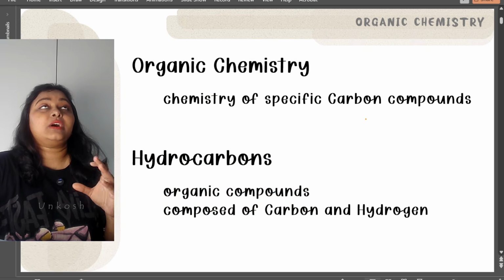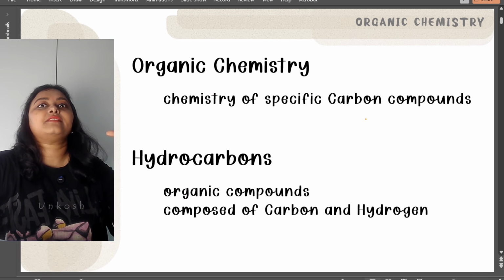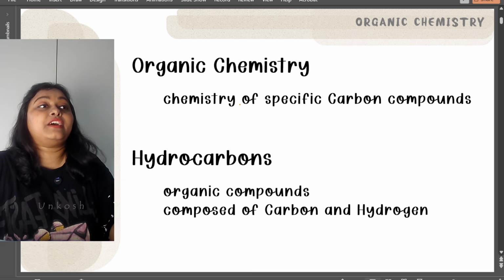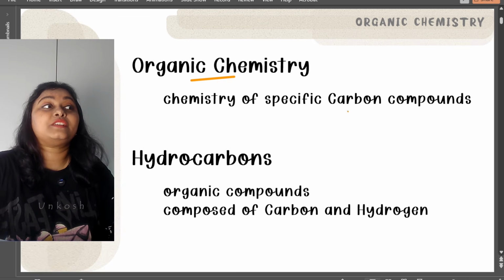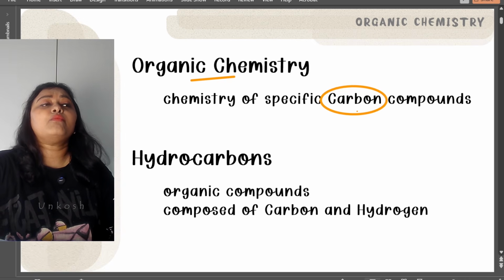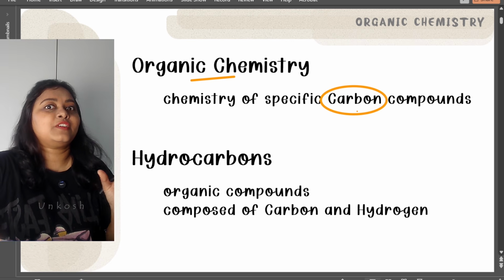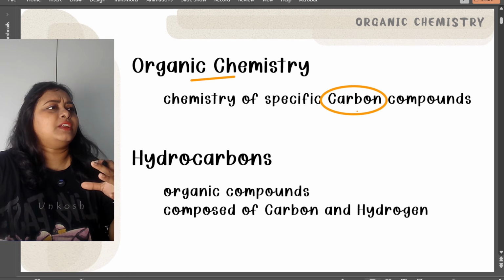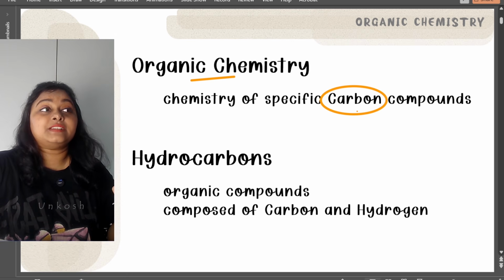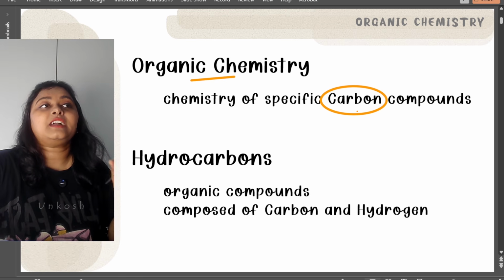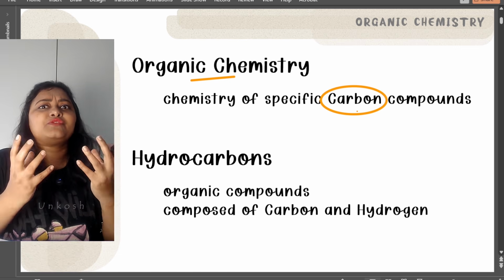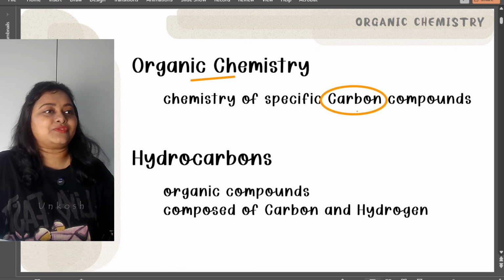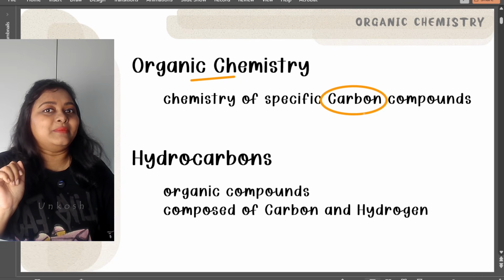Once we are clear about the topic of substances, now let us understand this separate branch of chemistry that we have defined as organic chemistry. It is the chemistry of specific carbon compounds. Most of the organic substances that we are going to talk about are going to be of carbon. So, we need to understand that specific carbon compounds create this unique group of chemistry called organic chemistry. And carbon is not just the main element here.